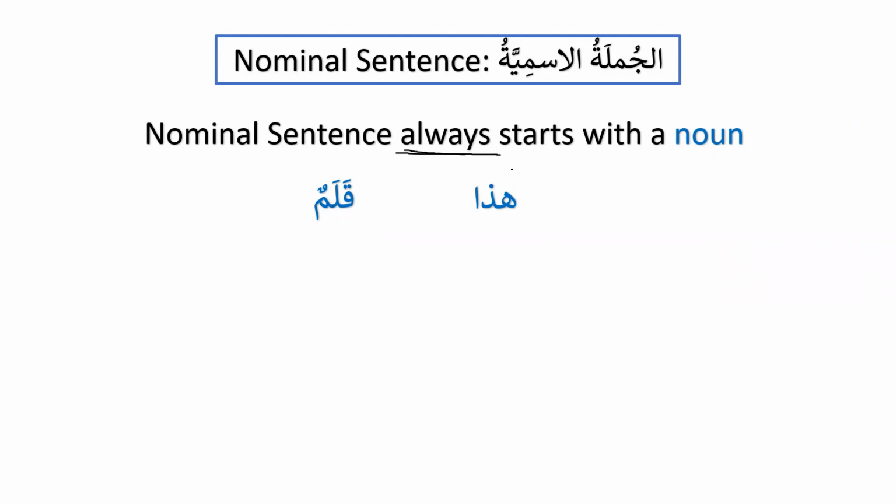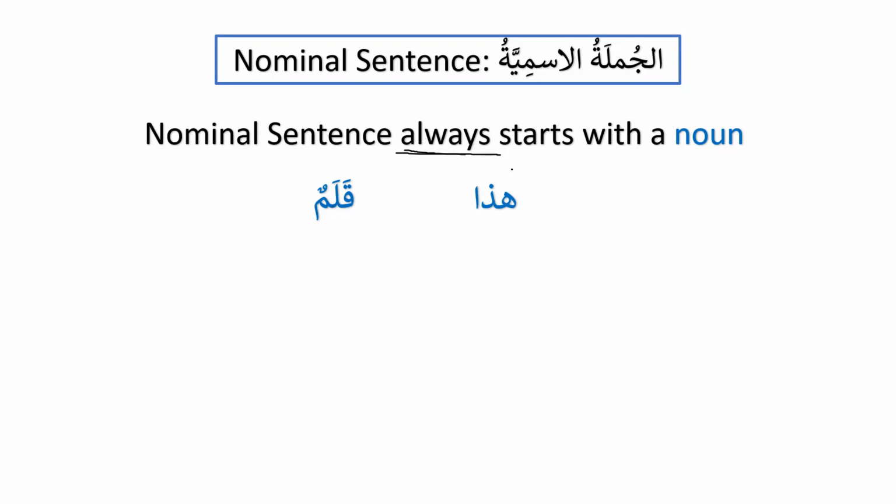What we do basically is put two nouns together, and the combination of two nouns will give us a complete meaning. It will be a complete sentence. So we have to understand the combination. If you are able to understand the combination, that would be perfect.